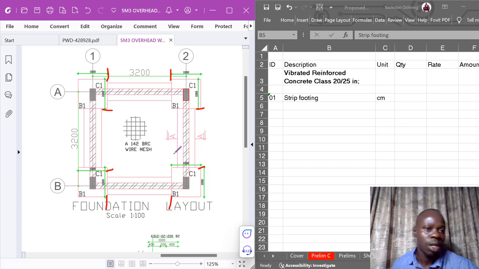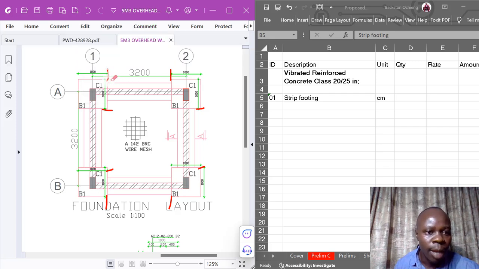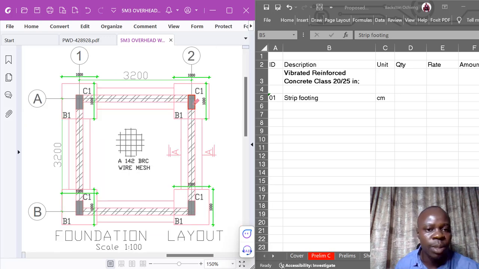So in this case, according to our interpretation, according to what we have here, let me just erase this bit so that it's more clear to you, to be able to read it well. So what we have here, at the upper part, we have 3200. 3200 has been given from the centers of the walls, or rather you can say the columns.